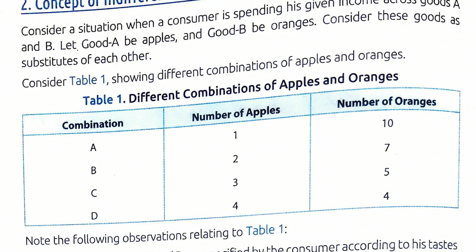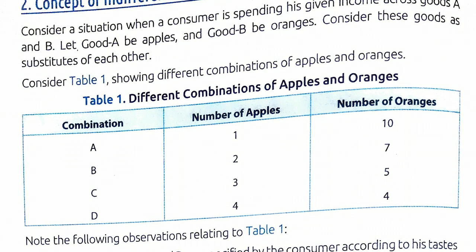In set B, you observe the consumer increases the consumption of apples by 1 unit and decreases the consumption of oranges by 3 units, so it is 7. Now again in set C, he increases 1 unit of apple, so he is consuming 3 units of apples and 5 units of oranges. And in D, he is consuming 4 units of both apples and oranges.